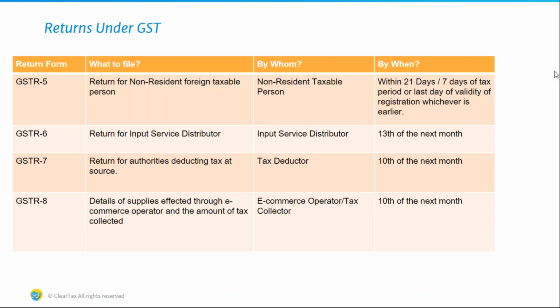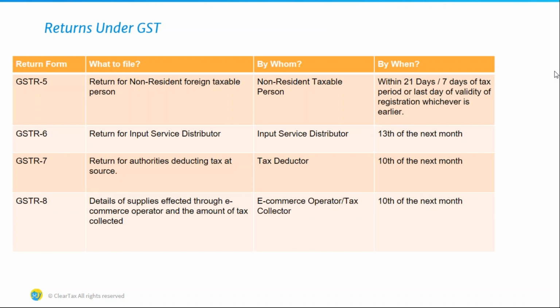These kinds of e-commerce operators are required to collect tax at source, in the sense that at the time of making payment to the supplier, they are required to deduct a certain percentage of tax and deposit it with the government.